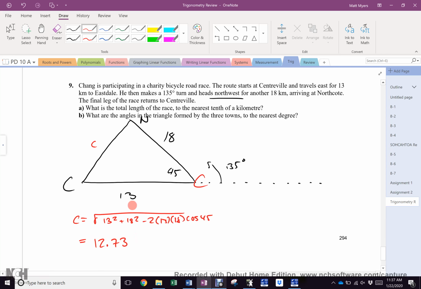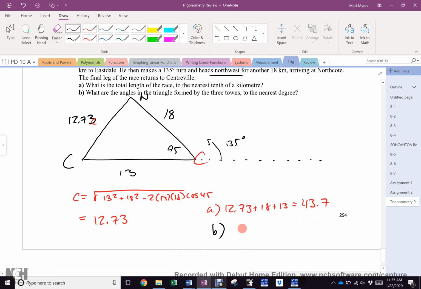12.73. So to do A, it's 12.73 plus 18 plus 13 equals 43.7. And what are the angles? B. Once you have that at 12.73, you do sine law. I'm running out of room, I'll do sine law up here.